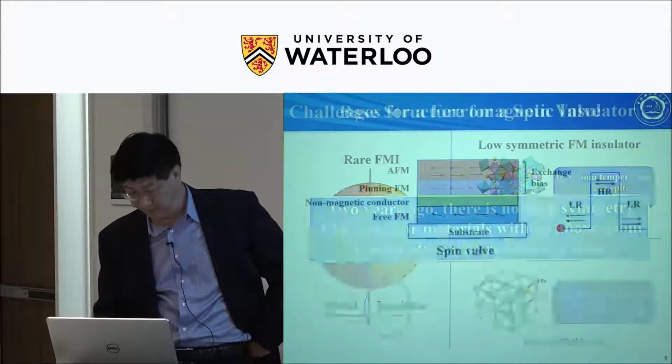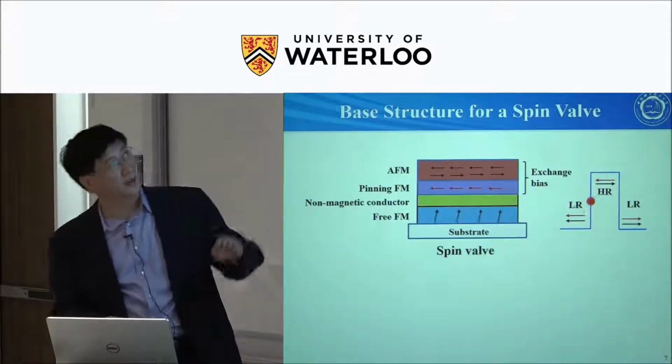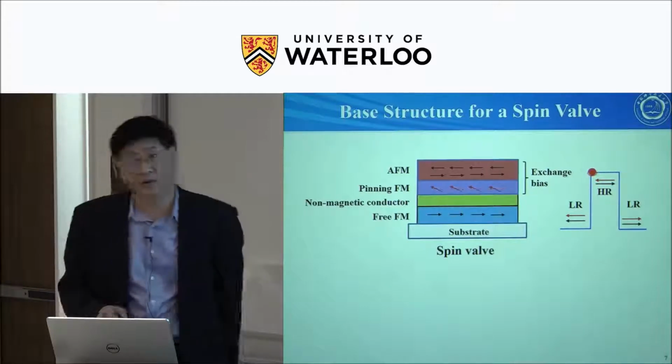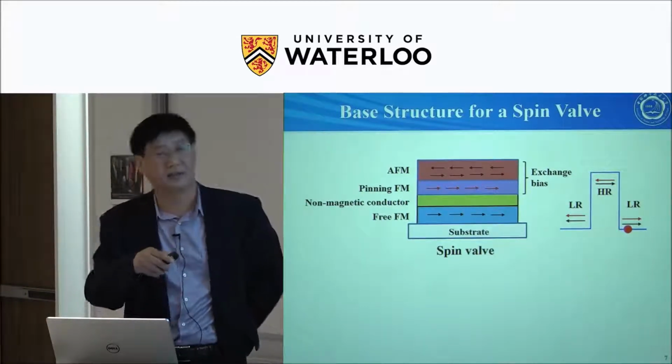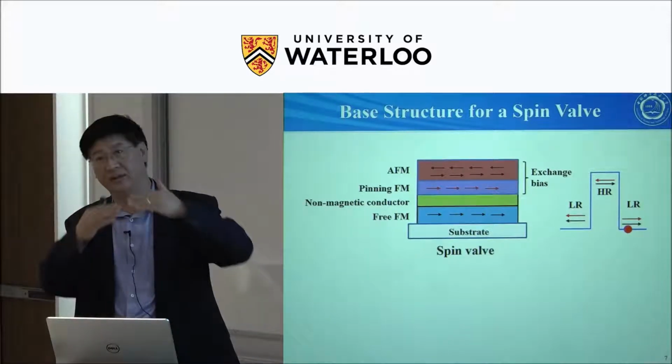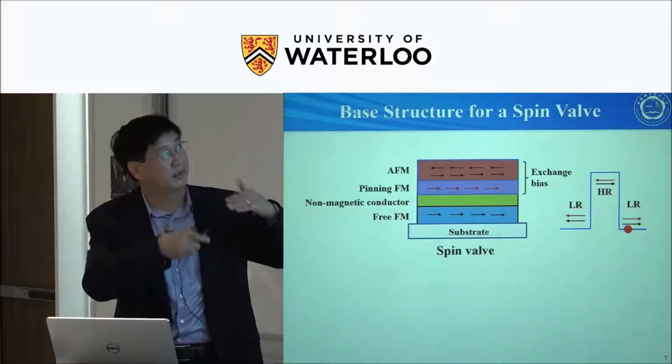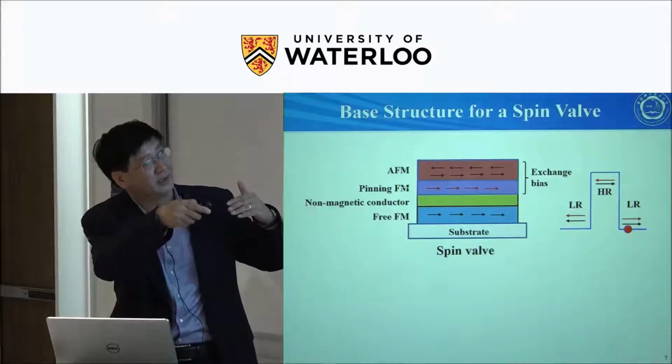Then this is another best structure for a spin valve. This is called exchange bias material. It naturally happens at the antiferromagnetic and ferromagnetic interface, okay?